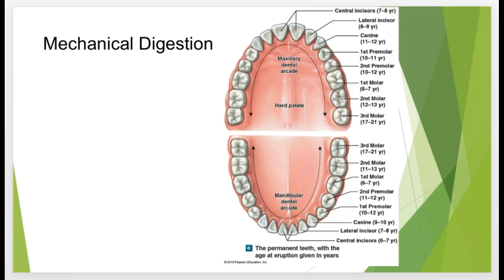Because they share a common tube, we have to make sure there are times where air goes into the trachea versus times where food goes down into the esophagus, right? So typically the epiglottis and the glottis are open.